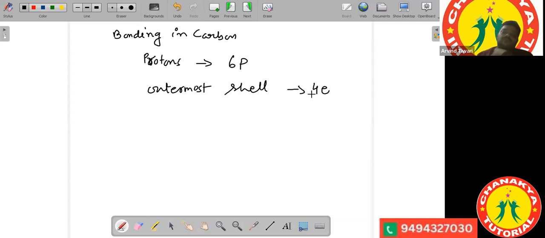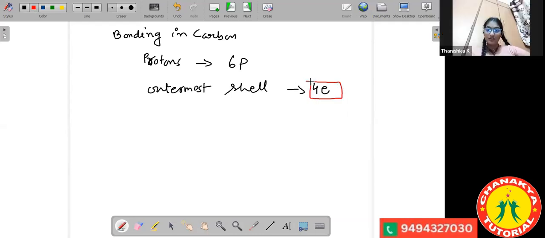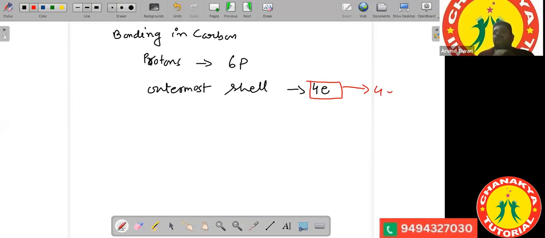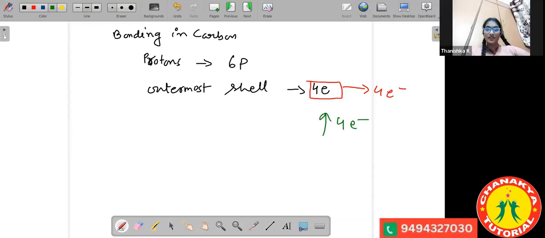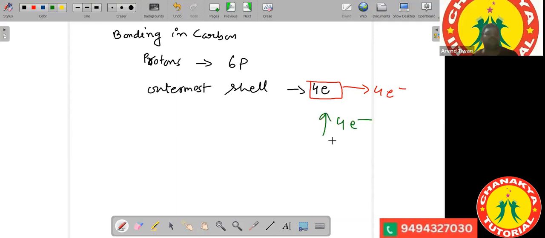When it is losing electrons, it has to lose all 4 electrons, and if it is gaining, it has to gain 4 electrons. Then only its octet will get completed.